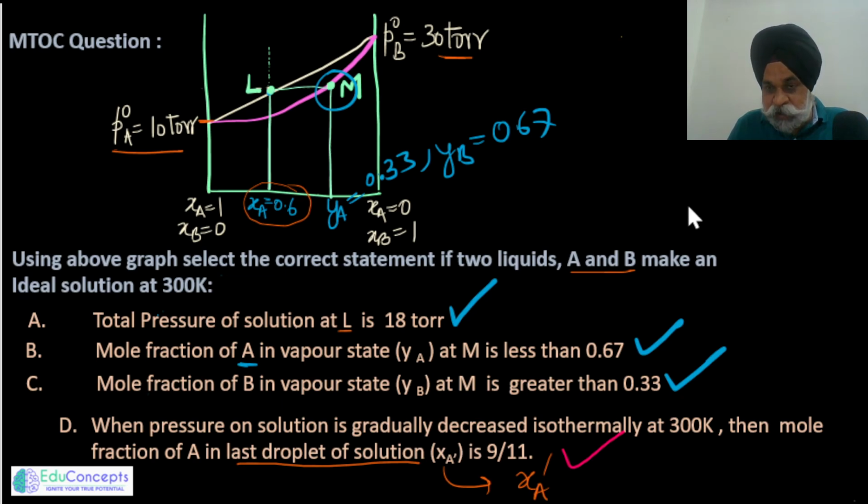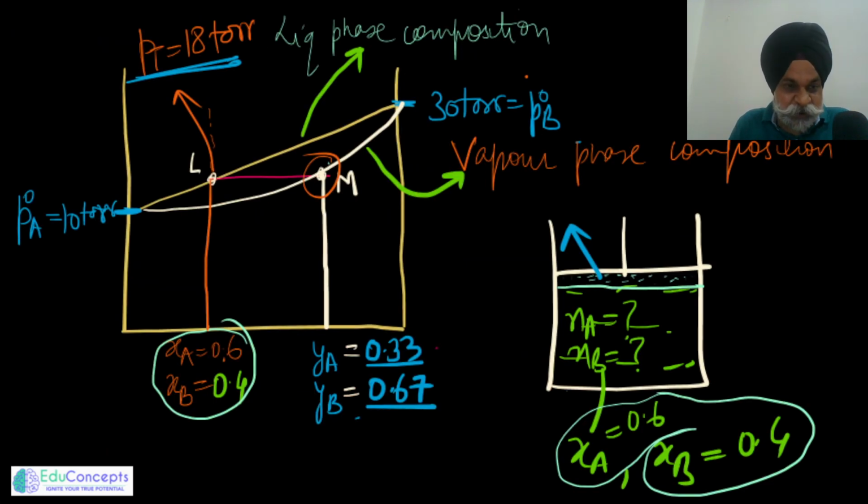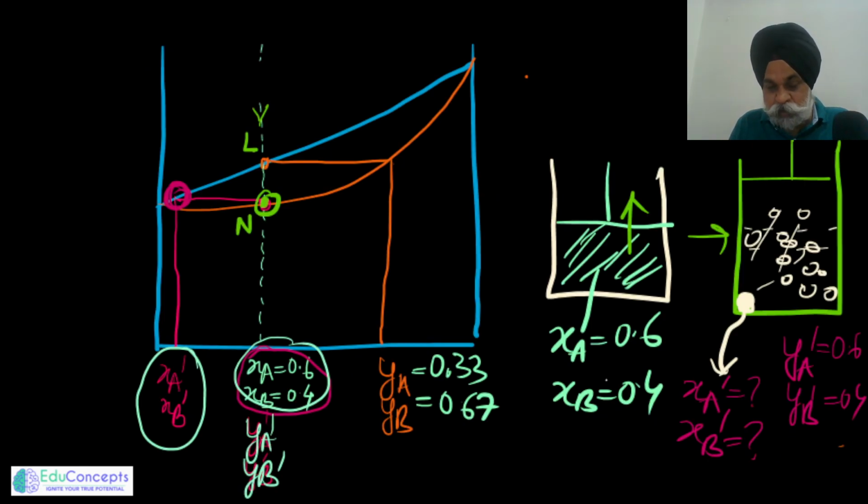So it means that A, B, C and D, all the 4 statements written in this particular question are correct. Let me state it very categorically that in this question the D option was a little tricky. In the D option, what is the viewpoint? That when the pressure is slowly decreased, the liquid keeps on changing into vapor.